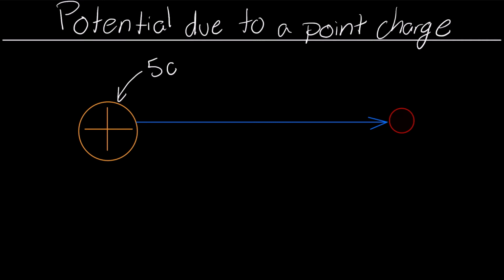5 coulombs. Now, we have a point over here, which is at a certain distance, which is this blue line over here. Let's say that that blue line is 10 meters.